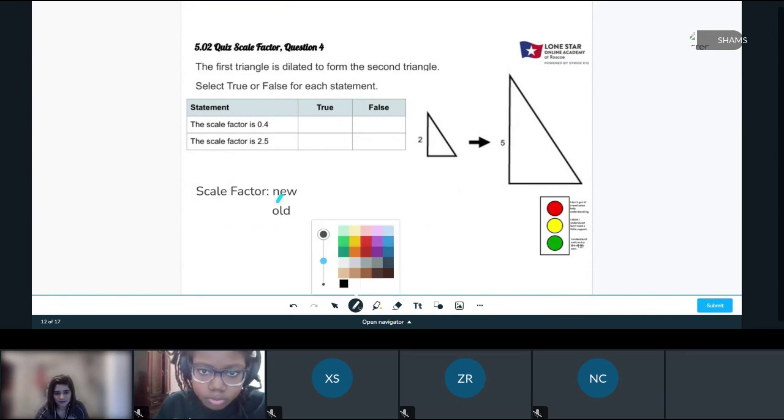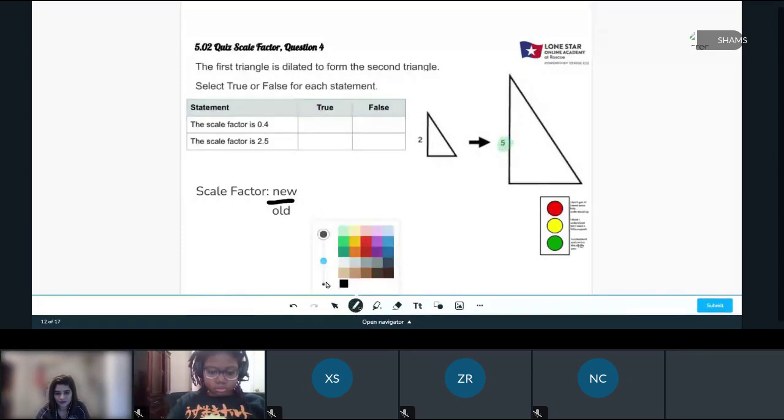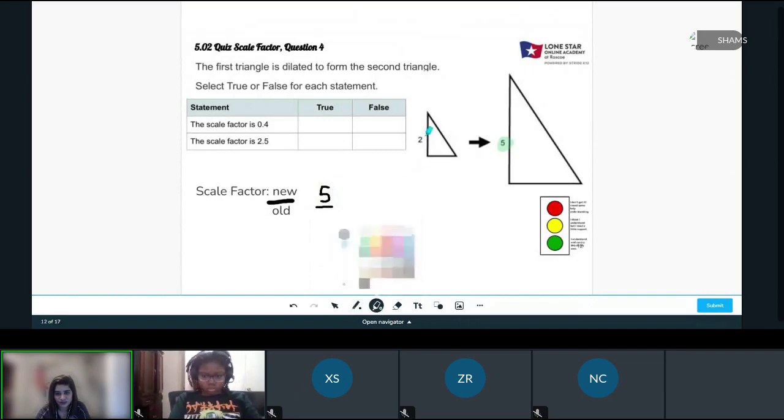And the new side being 5. The old side being 2. Corresponding side in the older one, the smaller one, the original one is 2.